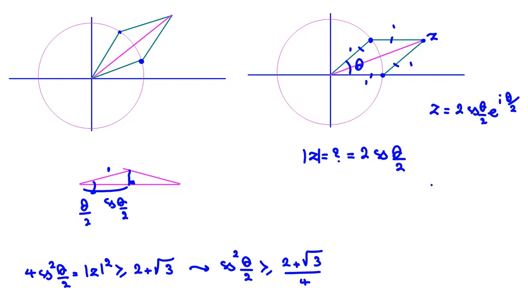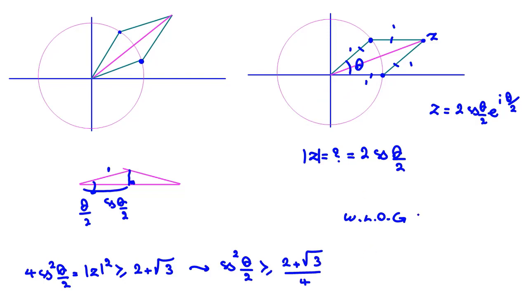Now here we can say something. Without loss of generality, we can consider theta is from 0 to 180, okay? Because if, for example, the root is here, we don't calculate this part. We consider this part, and again, we calculate z like this, okay?